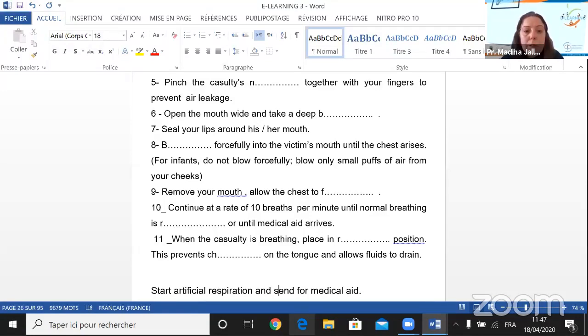Then blow forcefully into the victim's mouth until the chest rises. That means emit this air from your mouth. Be careful for infants: do not blow forcefully, just blow small puffs of air from your cheeks.